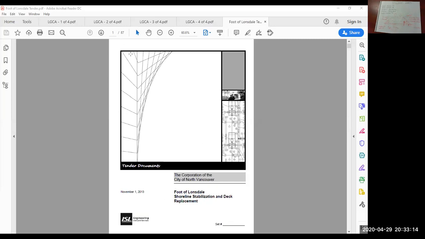It's actually fairly small. It's only 87 pages. So this project is shoreline stabilization and a deck replacement. The owner is the City of North Vancouver, and ISL is the engineer. So we're not going to look at all 87 pages, of course.